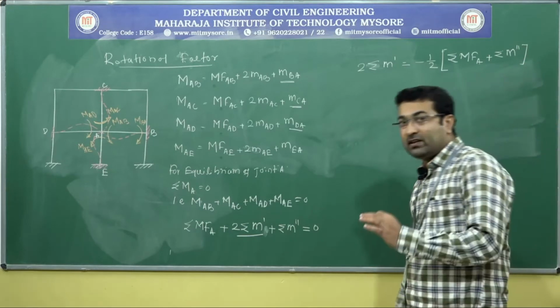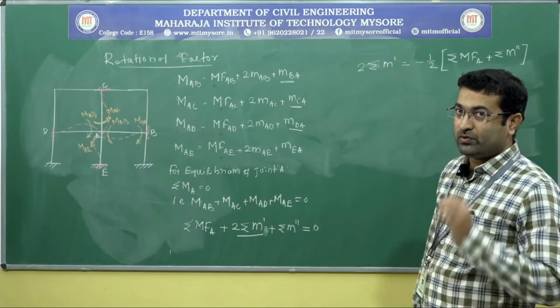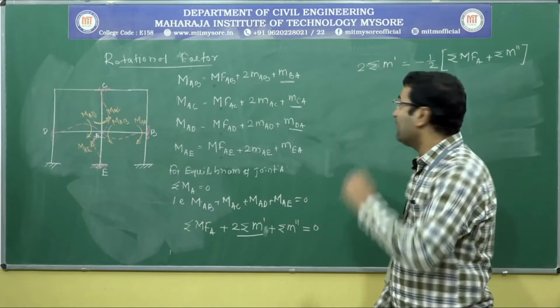M double dash is nothing but the rotational contribution, or the rotational moment, at the far end.